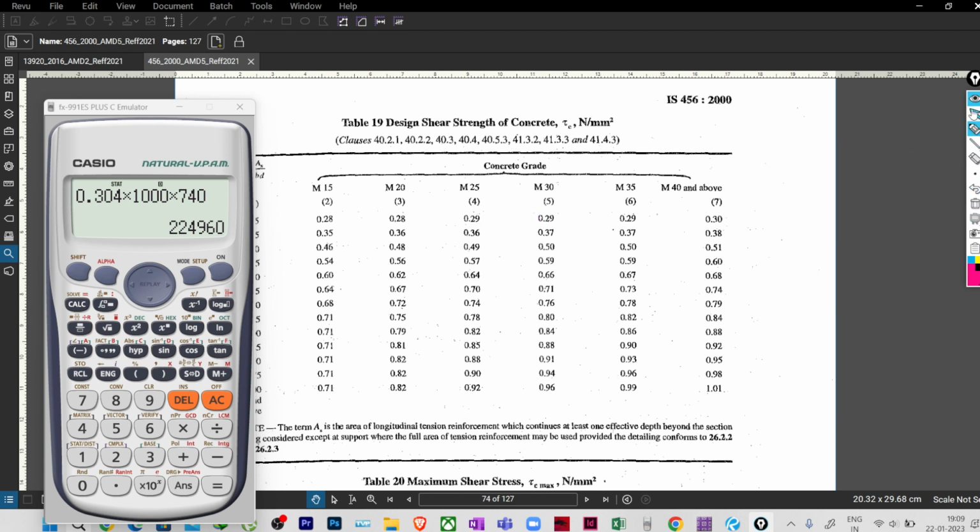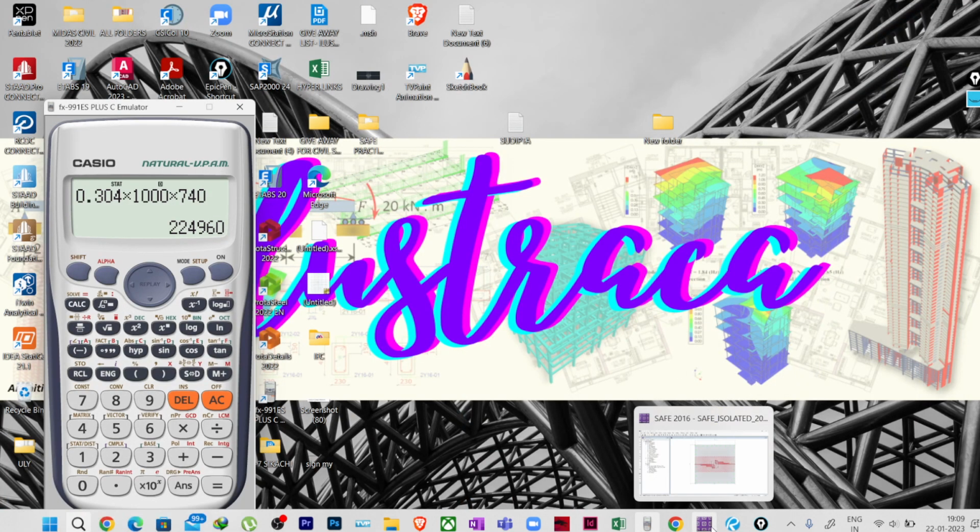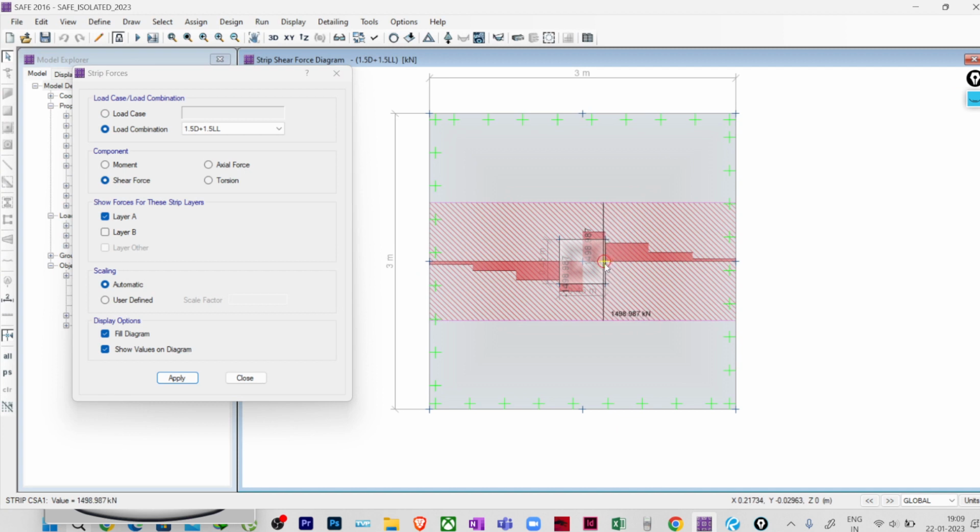Fine, let us increase the depth. Or what you can do, you can decide the reinforcement that you are providing for the moment, and for that reinforcement you can check again. Both you can do. So if you go to moment and if I click on apply, at the face of the column, the moment we are getting is around 505.1389.